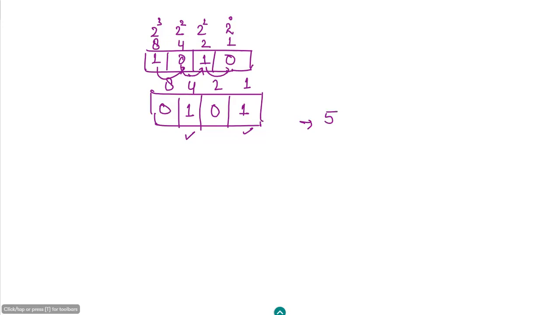To find the decimal value of the original number, just calculate only the places where 1 is present: 8 plus 2 will become 10. After shifting a bit to the right side, the answer will be 5.